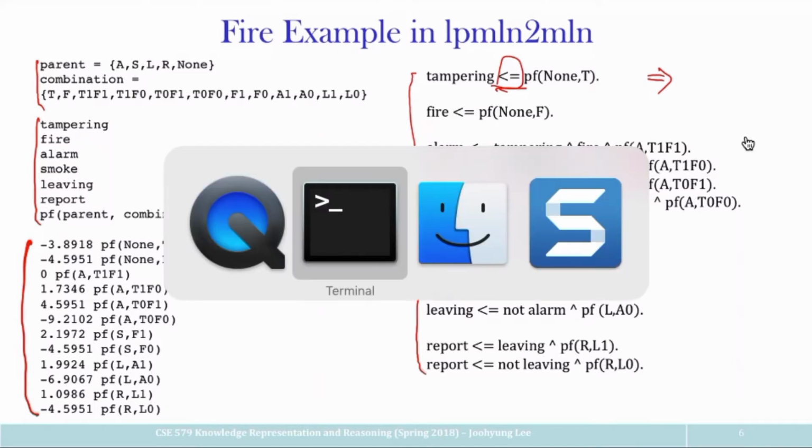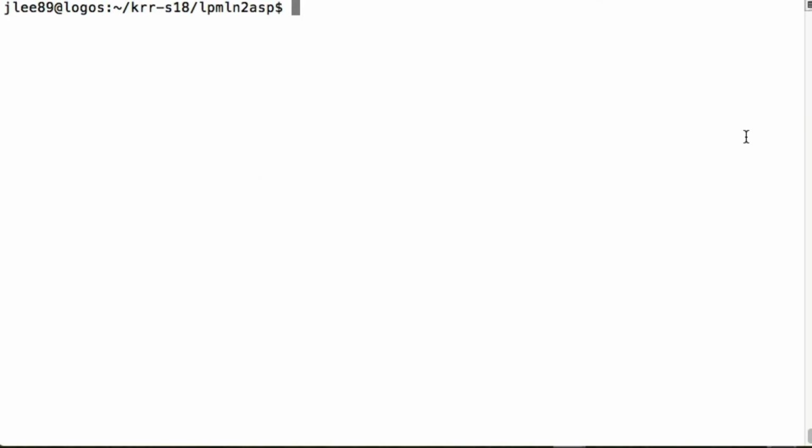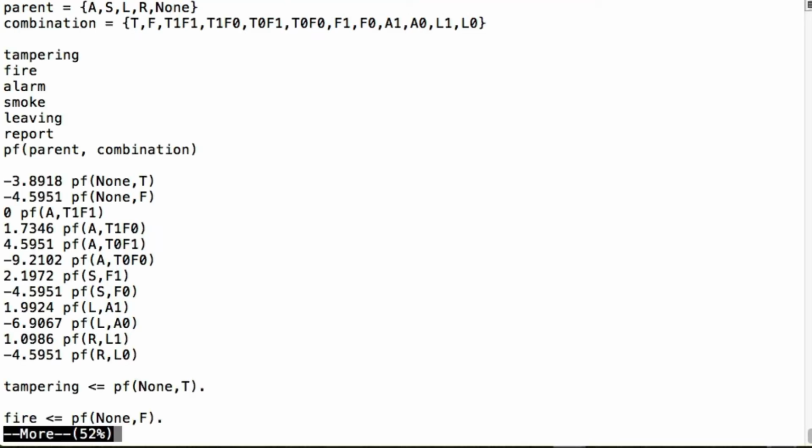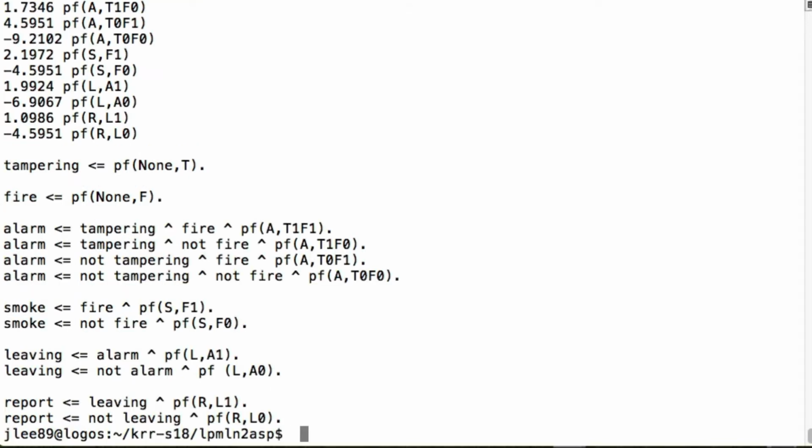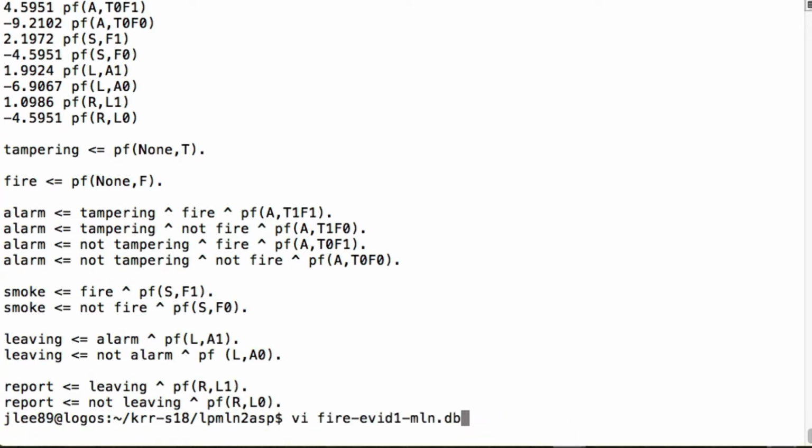Let me show you how it operates. This is the program that you just saw. So this is the command line.